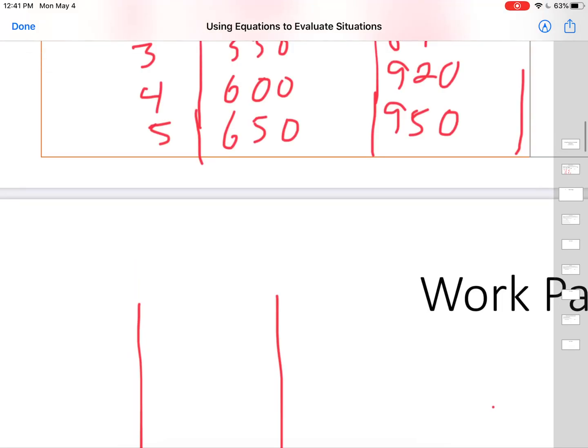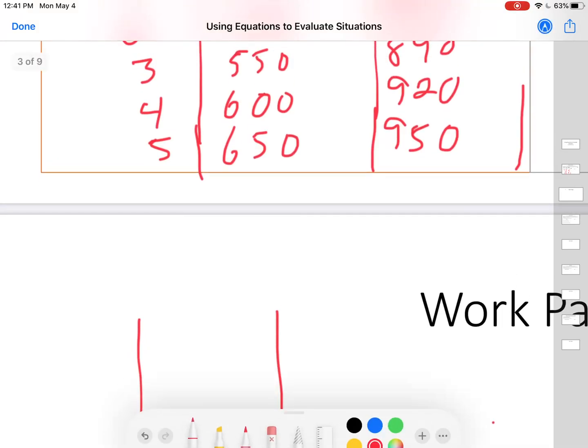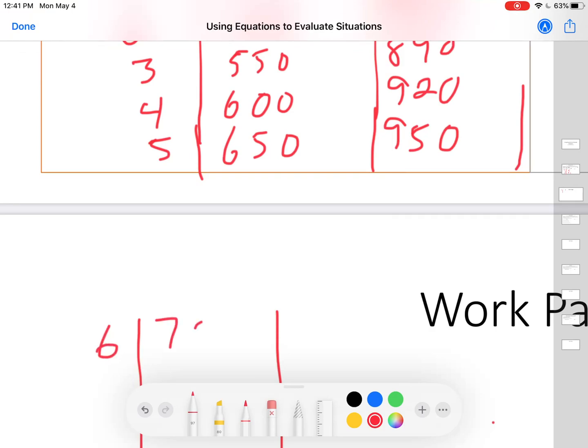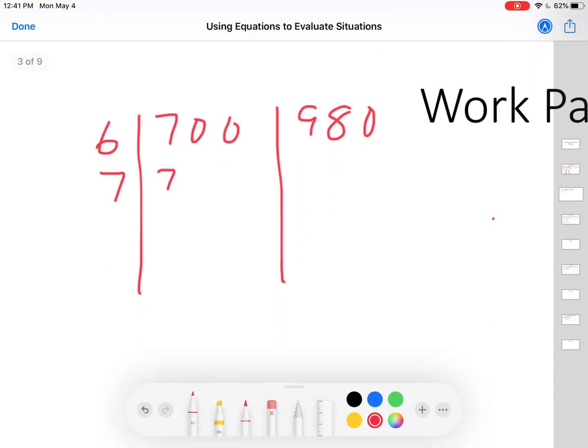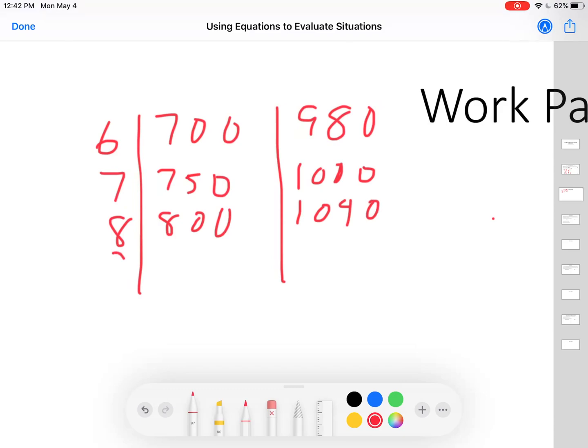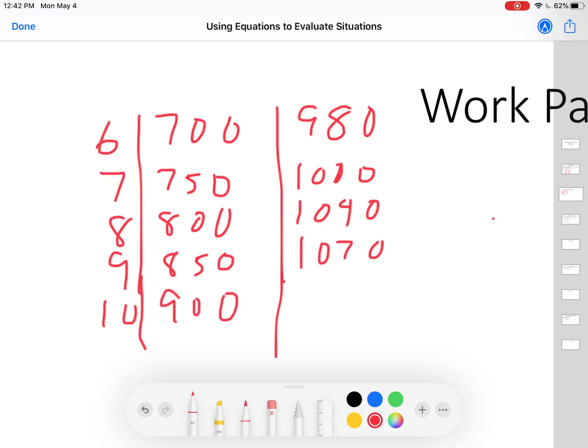Continuing the table. So, 6, 700, 980. 7, 750, 1,010. 8, 800, 1,040. 9, 850, 1,070. 10, 900, 1,100.